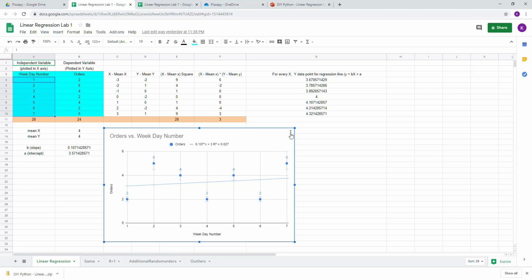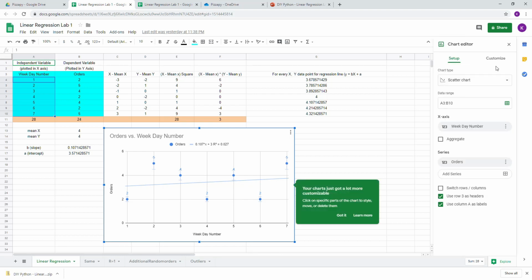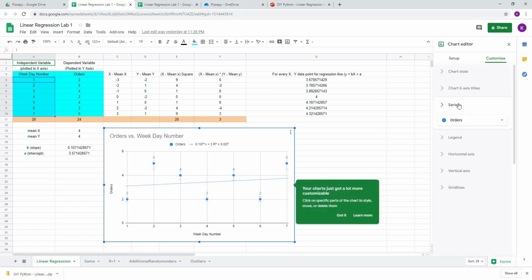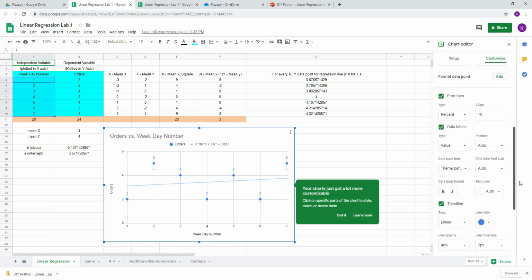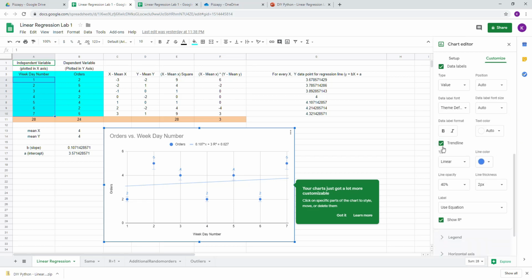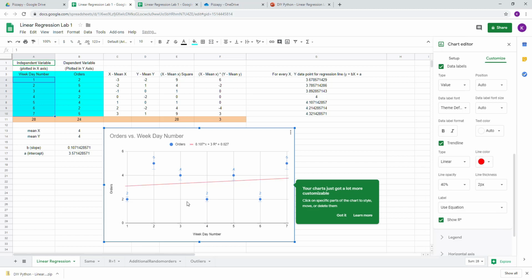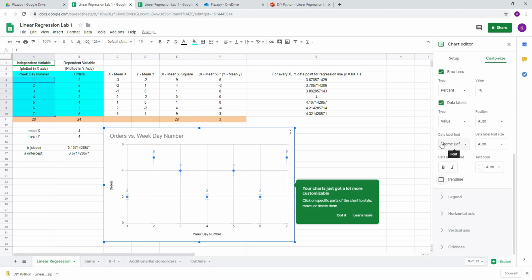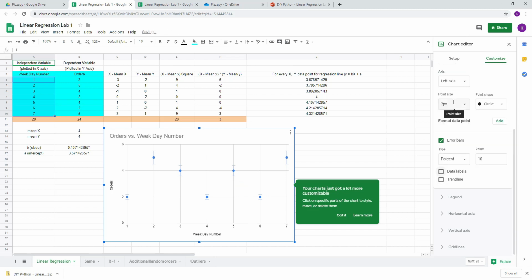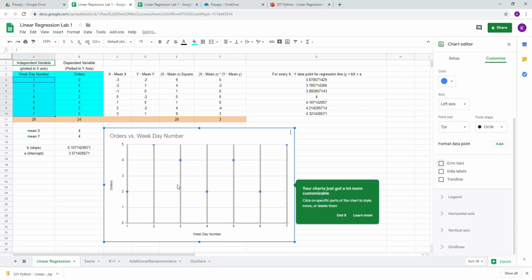In Google Sheets, if you go into edit chart and customize, and go to series, you have this trend line. Let me change the color here, so you can see the trend line change color. And if I remove that, the trend line is gone, and the data labels and the error bars are also removed. We just have only the data points here.